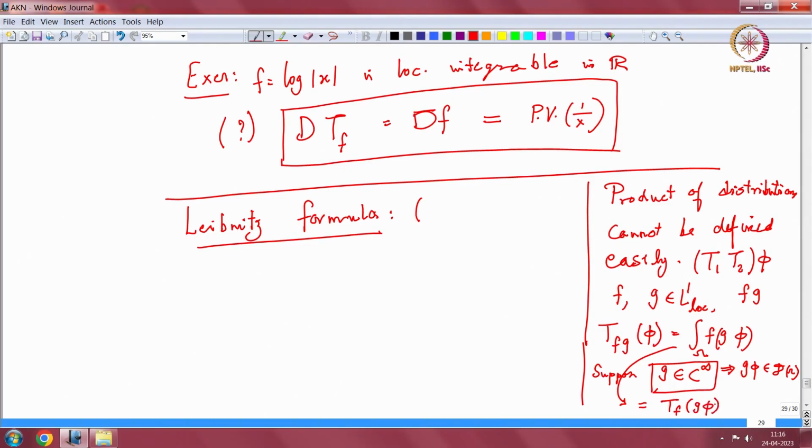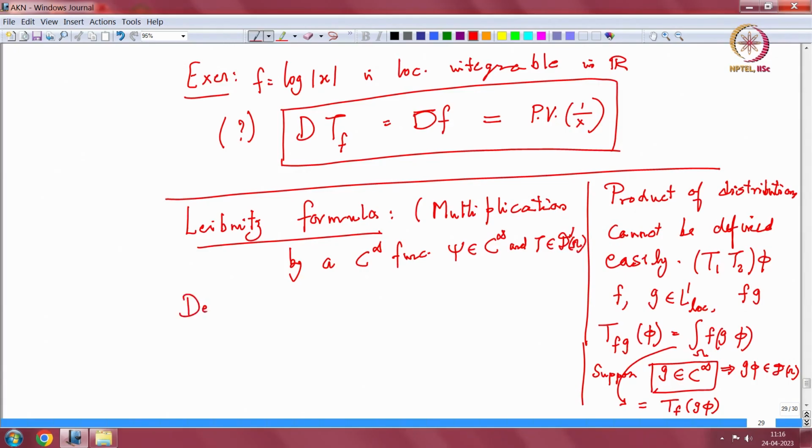So, basically what I am trying to do here is defining the multiplication of a C infinity function with a distribution. So, multiplication by a C infinity function psi, that means psi belongs to C infinity, and T a general distribution on omega. How do I define it?